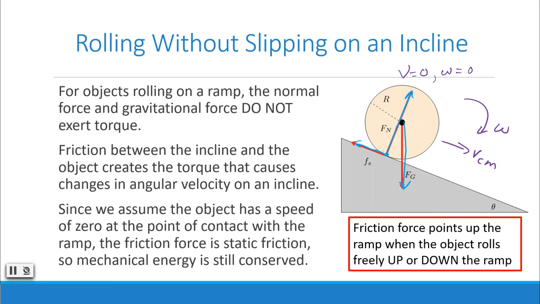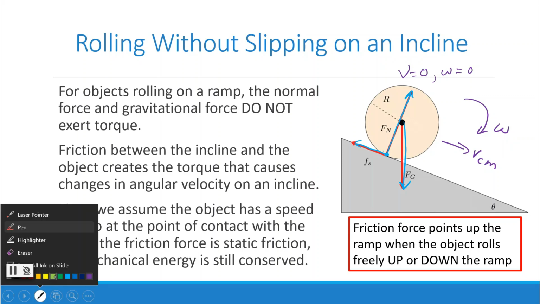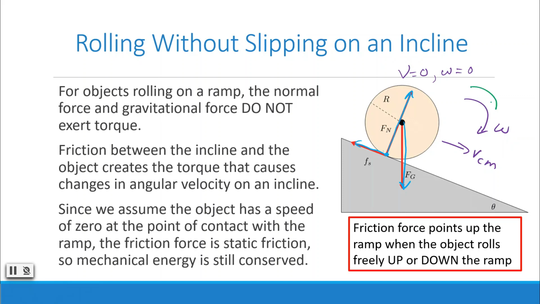Now, where does this angular acceleration have to point? Well, if I'm going to speed up, my angular acceleration has to be in the same direction as the angular velocity. I need a force to cause this angular acceleration. Well, gravity is not creating any torque because it's acting at the axis of rotation. The axis of rotation of a rolling object is its center.